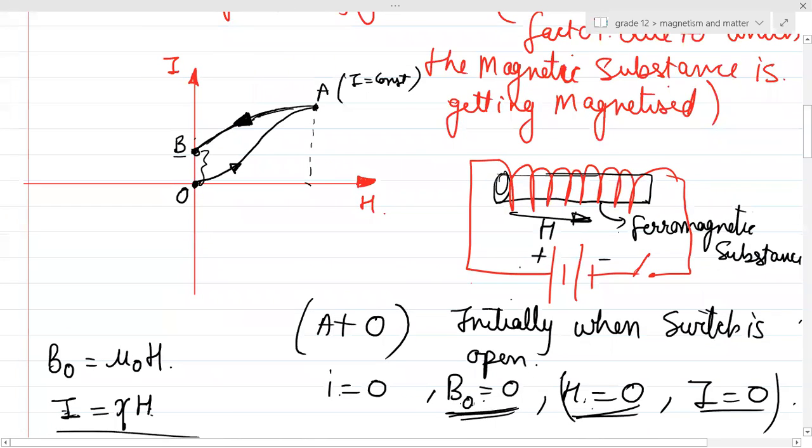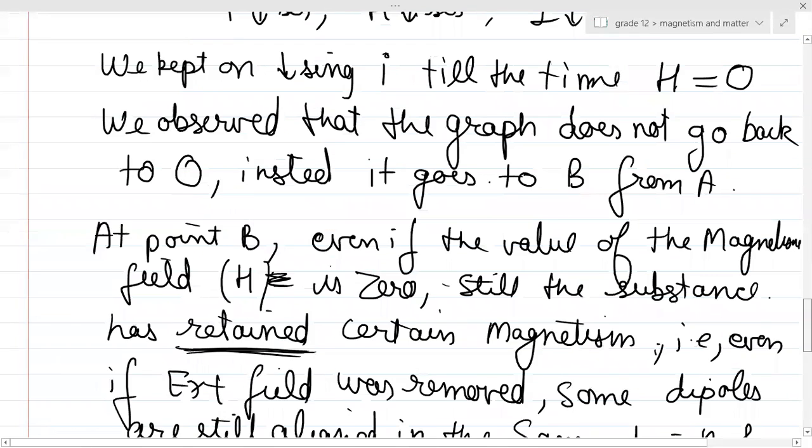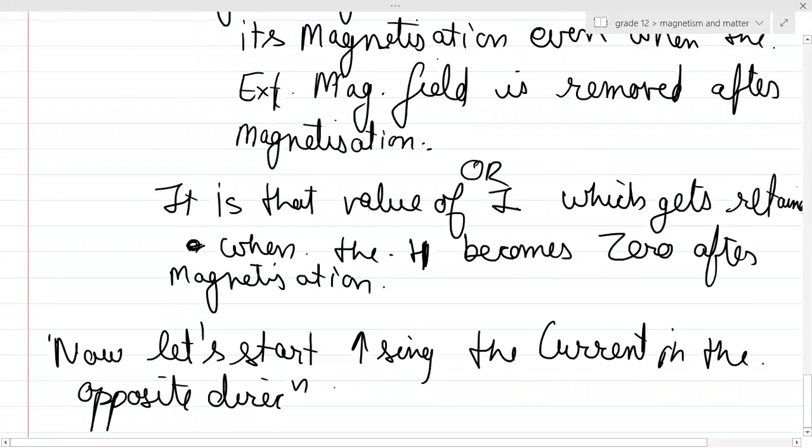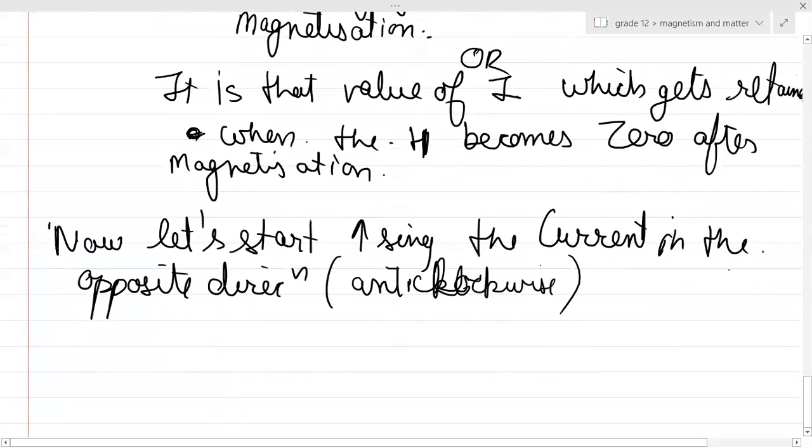Can you see initially the current which was flowing was in which direction? The current was flowing in a clockwise direction, right? Now I start increasing the current in the opposite direction, or basically here I'll start it in the anti-clockwise direction. If I start increasing the current in the anti-clockwise direction, what will happen?